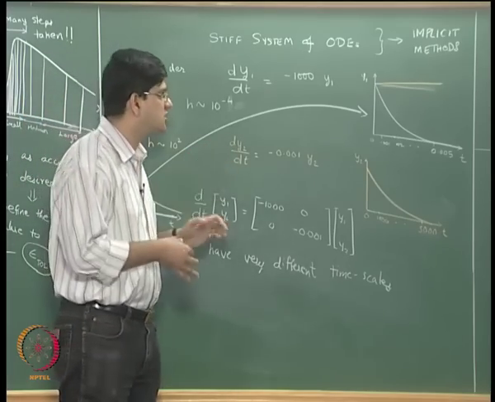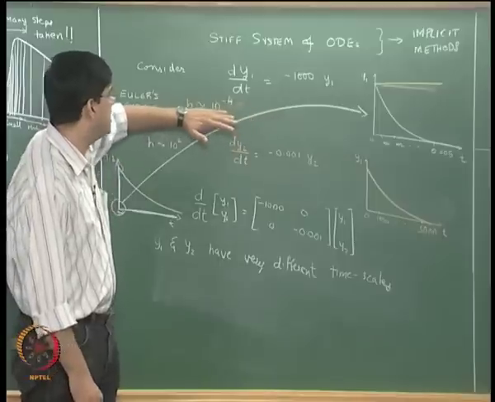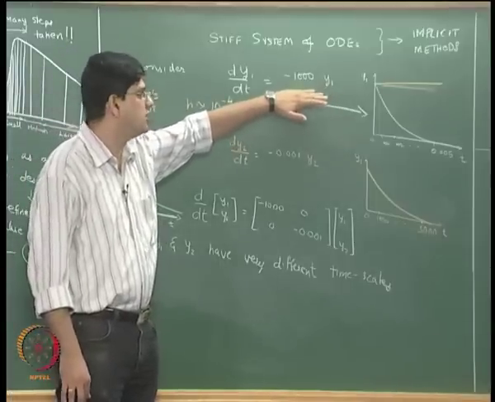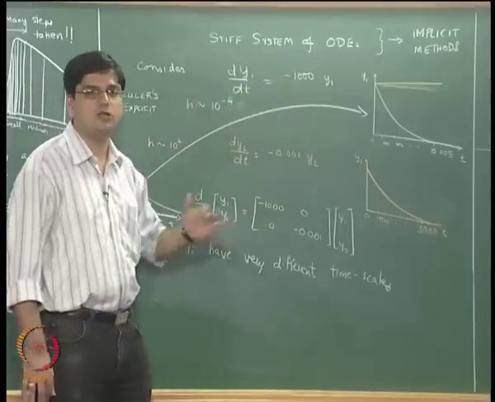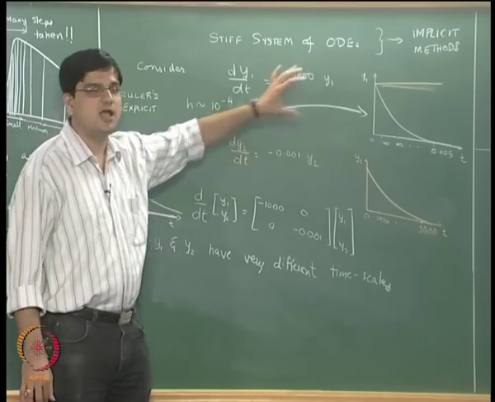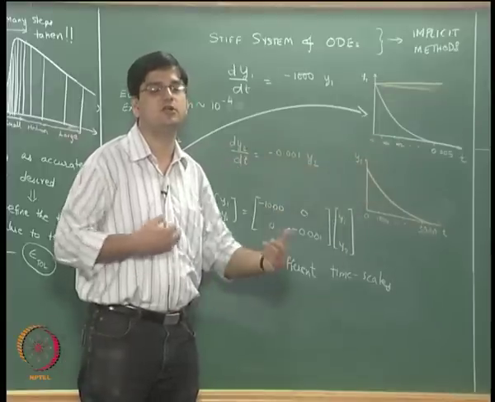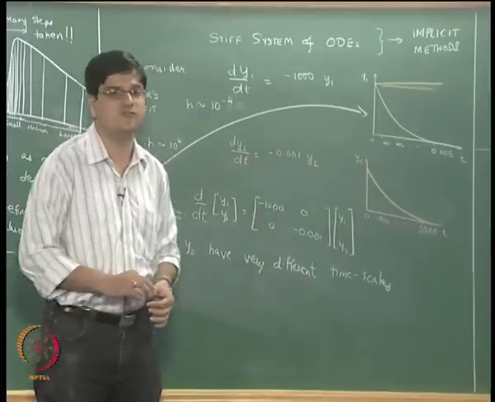The reason we cannot use an explicit method is that for h greater than 10 to the power minus 3 or 2 into 10 to the power minus 3, this equation is going to go unstable. So we cannot use a larger step size as governed by this equation, and if we take a smaller step size, we are going to take a very large number of steps in order to reach the final value.